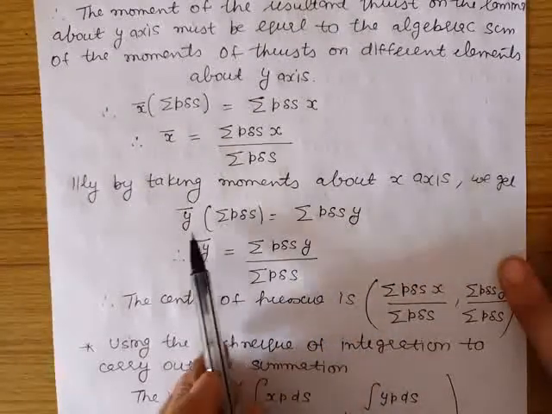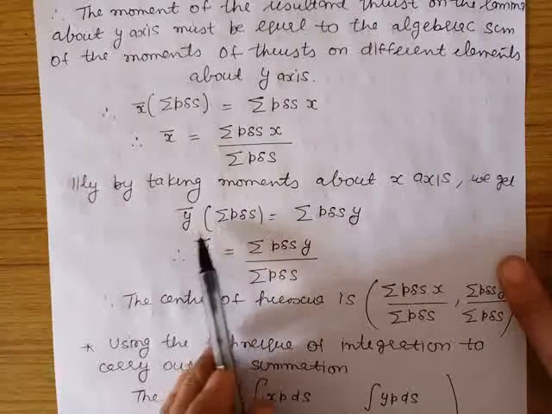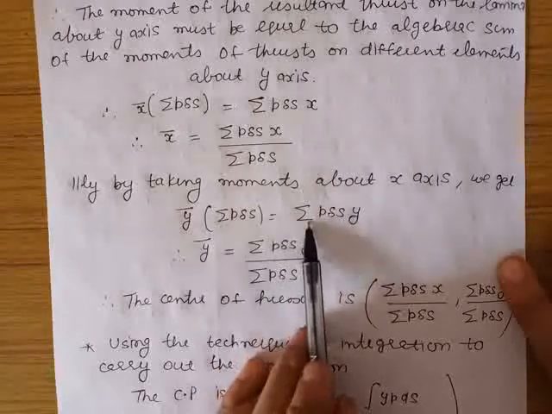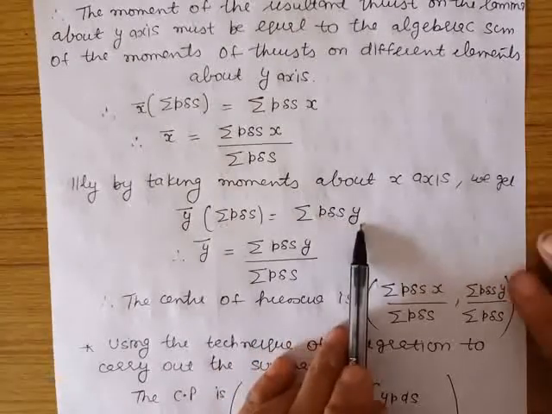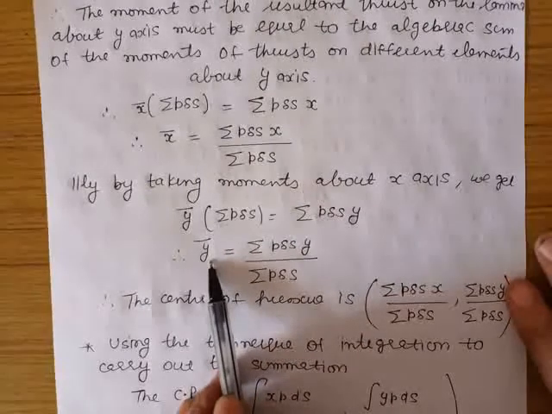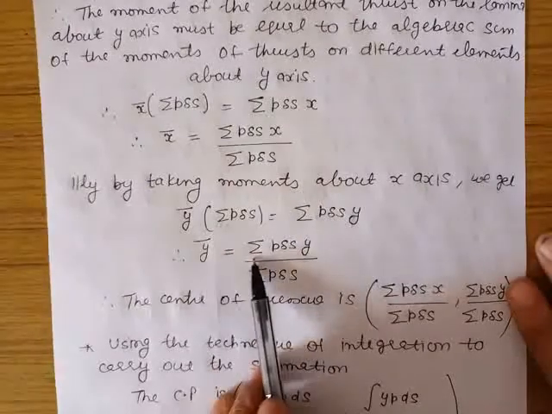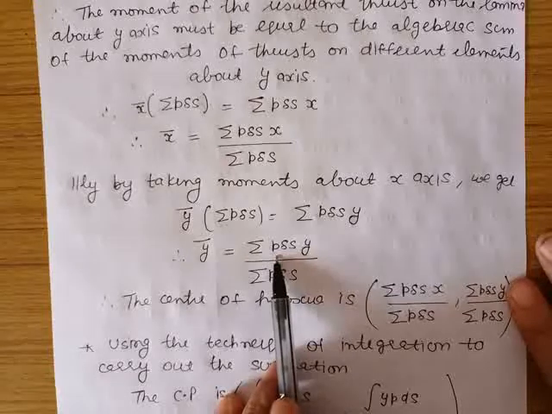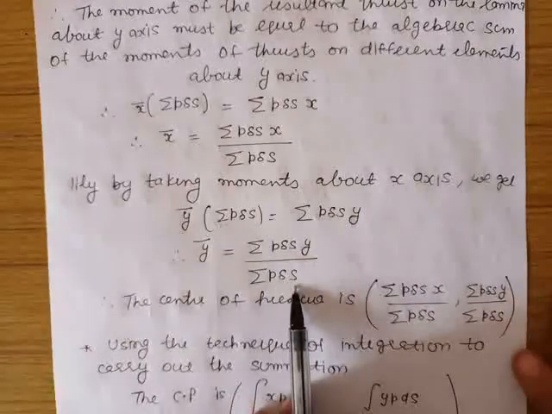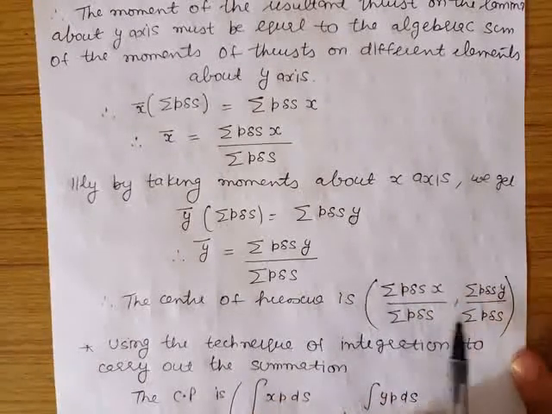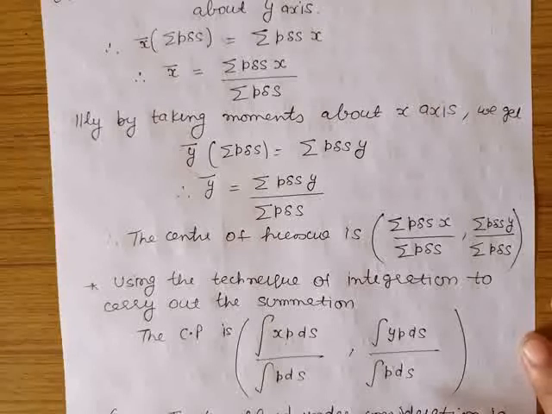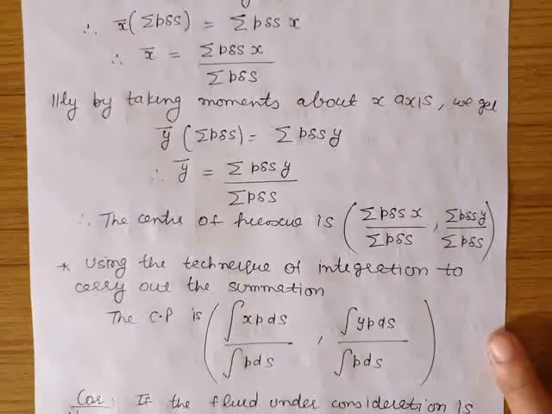It means y bar into summation p delta S is equal to summation p delta S y. From here we get the value of y bar, which is given by summation p delta S into y upon summation p delta S. So these two give us the coordinates of center of pressure of the plane lamina.